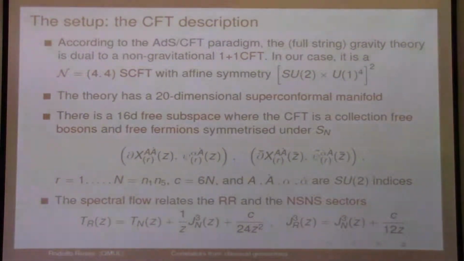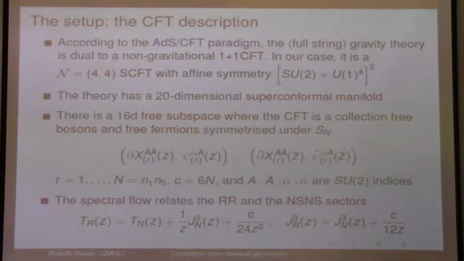So this is just one slide about the CFT description. As I said, it's a 1 plus 1 dimensional conformal field theory, which is also supersymmetric. So it has an R-symmetry group, and being a 2-dimensional theory, this R-symmetry group becomes an affine symmetry. And this square is just because we have left-moving and right-moving components.